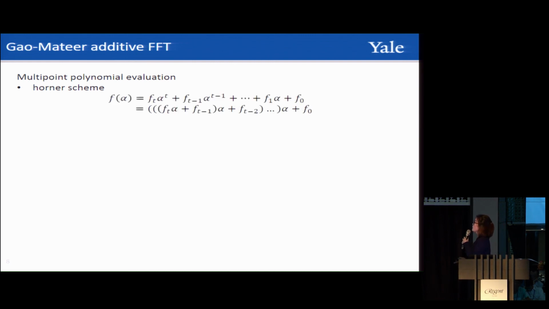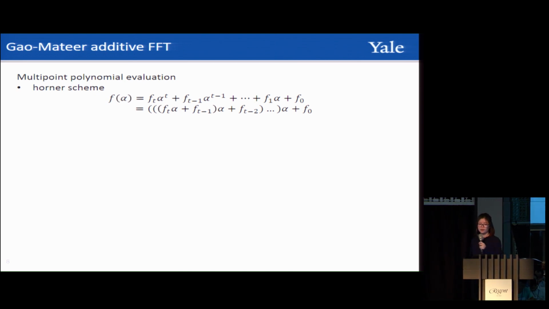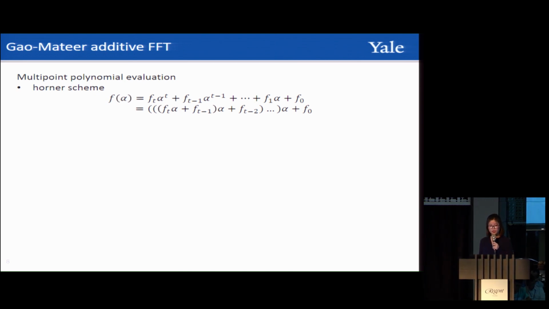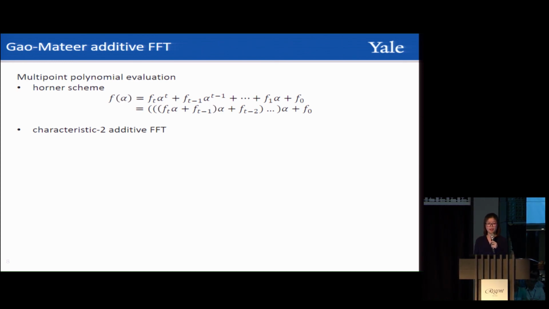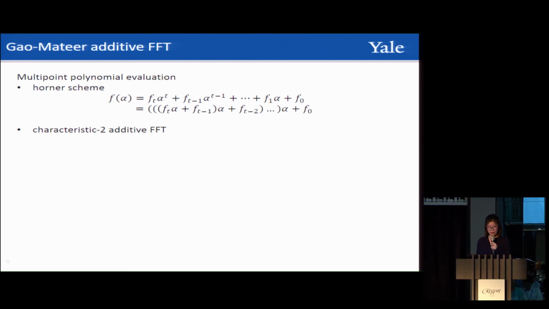You simply do a multiplication, then addition in a nested way. If you want to do evaluation at multiple points, you just scale either your cycles or your logic linearly. Instead, additive FFT actually does polynomial evaluation at multiple points at the same time.